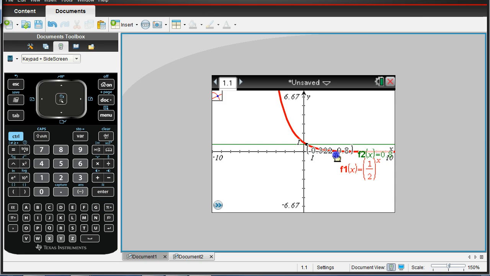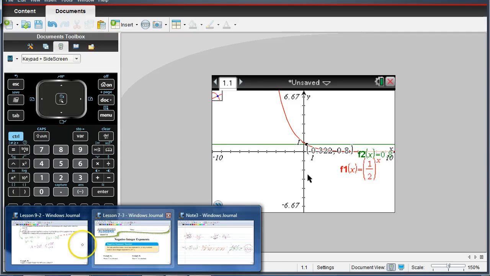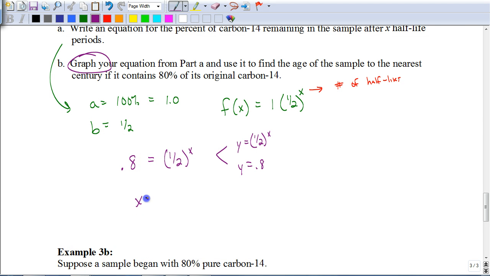Our solution, if I can grab it, doesn't want to do that right now. Well, you get the idea. Your solution is 0.322, so we're trying to figure out what value for x they have in common. But that's not our answer. That represents, remember, x, which is the number of half-lives.